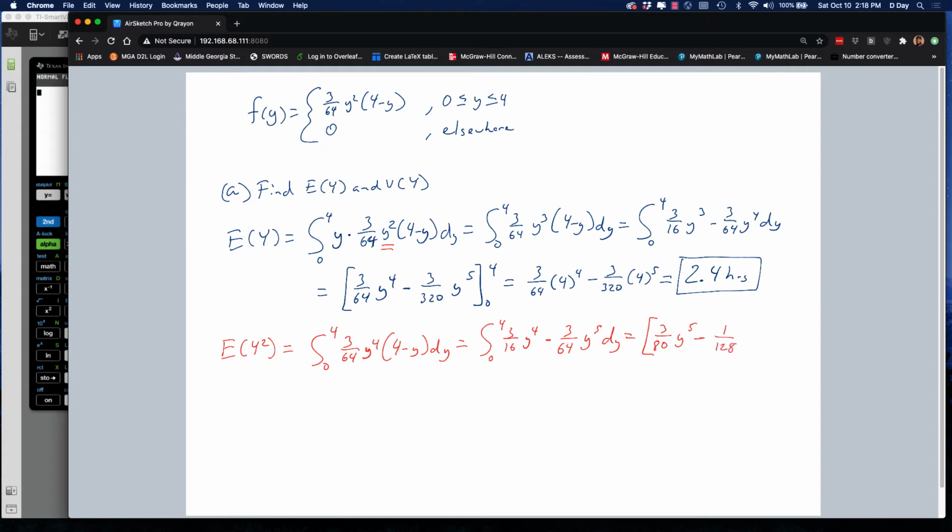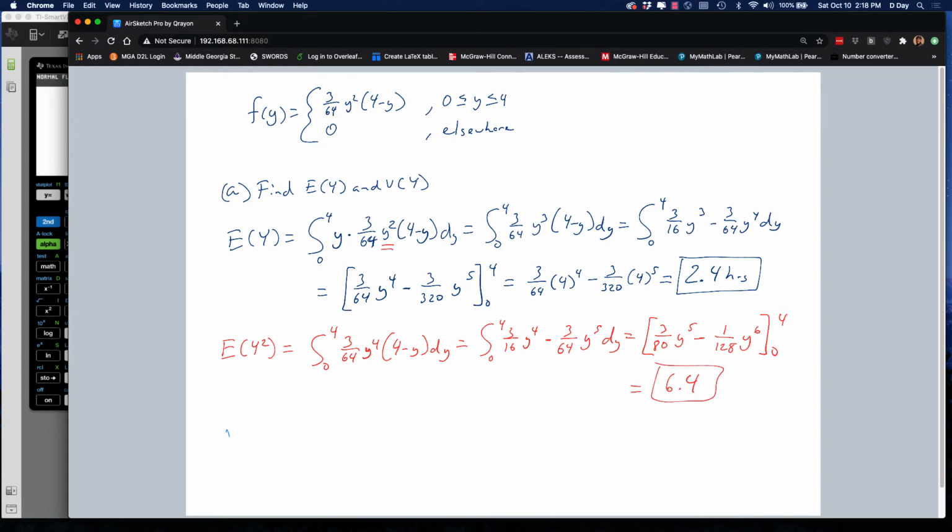You don't have to reduce it, but I did. Evaluated from 0 to 4, I'm going to skip the step where I plug the 4 in, but you know how to do that, so it should be 6.4 for the expected value of y squared.